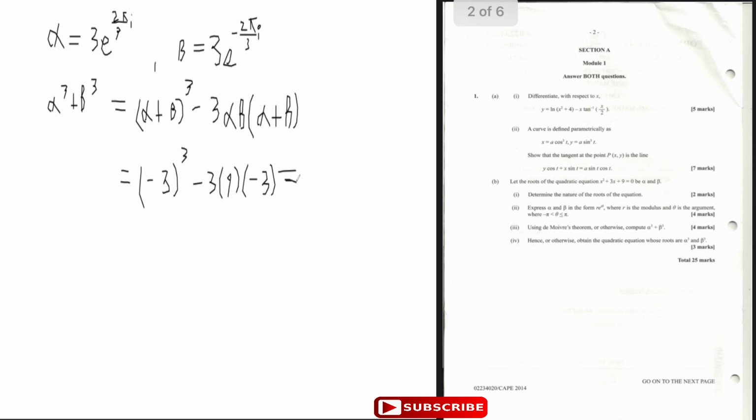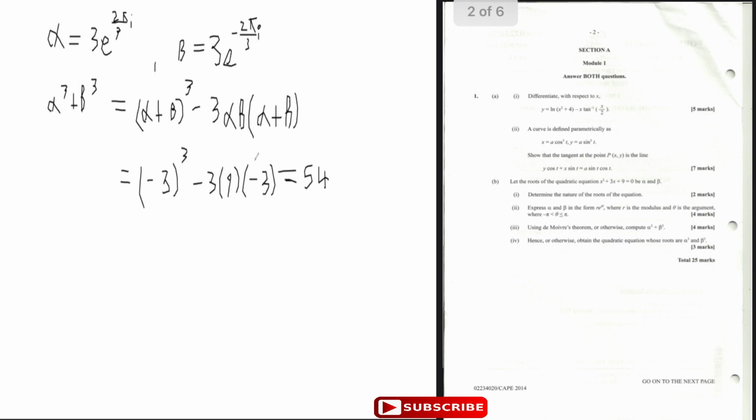Minus 3 cube minus 3 times 9 times minus 3 is 54. So that's alpha cube plus beta cube. Of course, you could have added them in exponential form, but I thought, why would I want to do that when it can be a little bit tricky sometimes? That's the reasoning behind it.